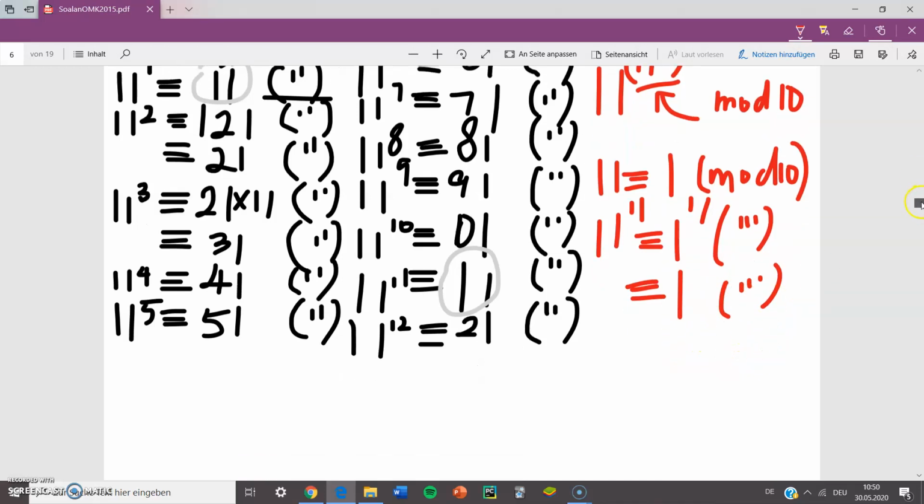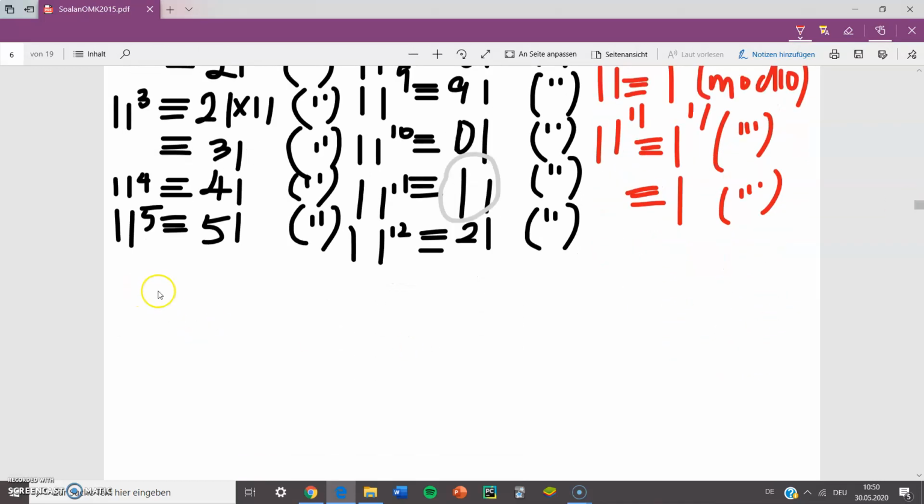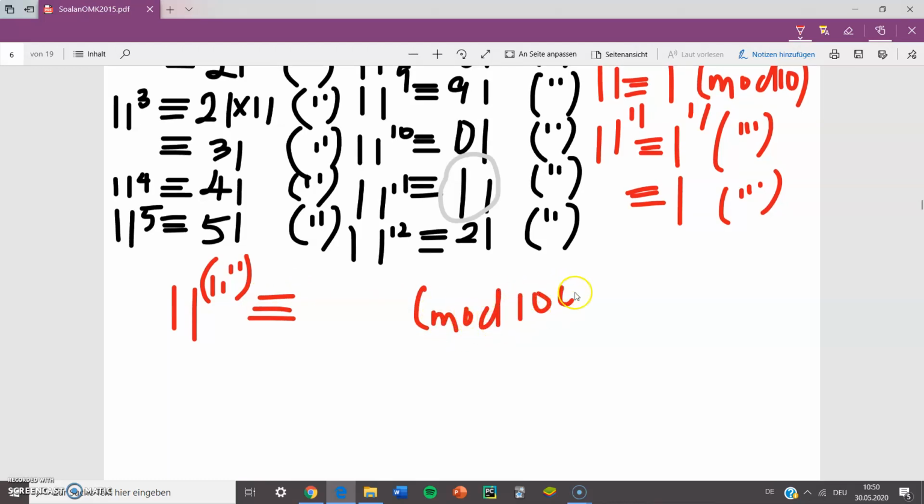So it is quite easy to see now. 11 to the 11th power, when you want to find the last two digits, will be equal to 11 to the first power, mod 100.